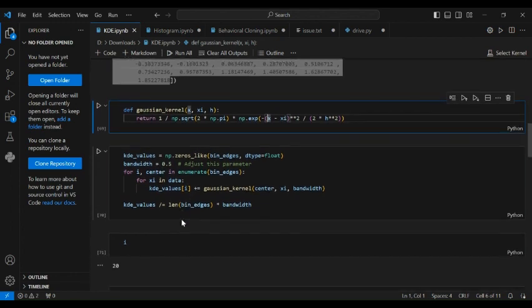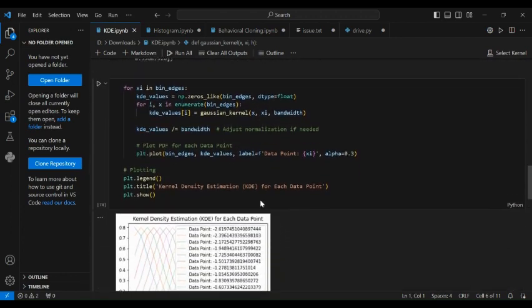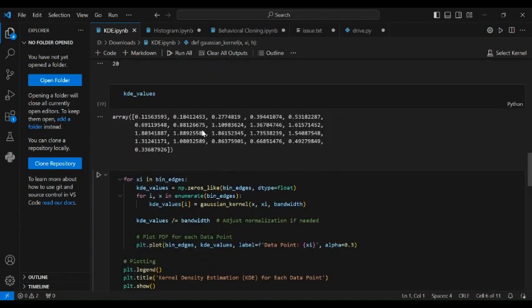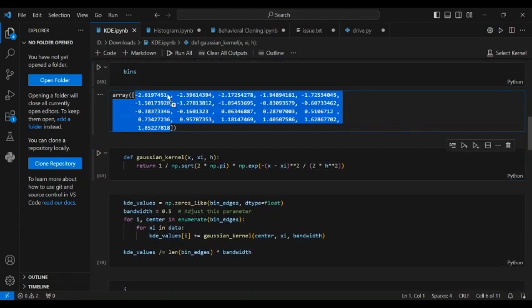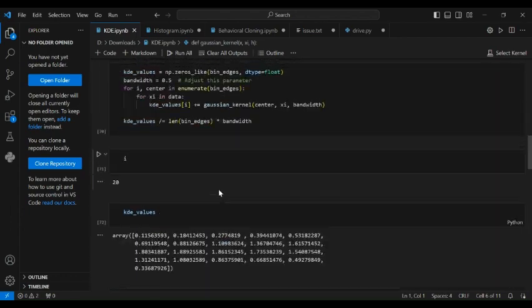Okay, to build a normal distribution, like I have shown over here, for every value we have found the normal distribution. And after that the smoothing begins. So first we need to build the normal distribution graph. Over here I have done it for every data point: minus 2.6197, which is my first value, and over here minus 2.3961.